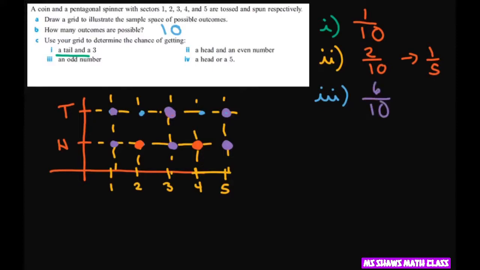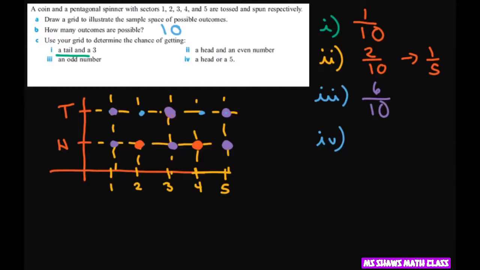And finally, let's go back to blue. For IV, or part 4, a head or a 5. So a head or a 5, we look at that, and that's going to be where you add it up.